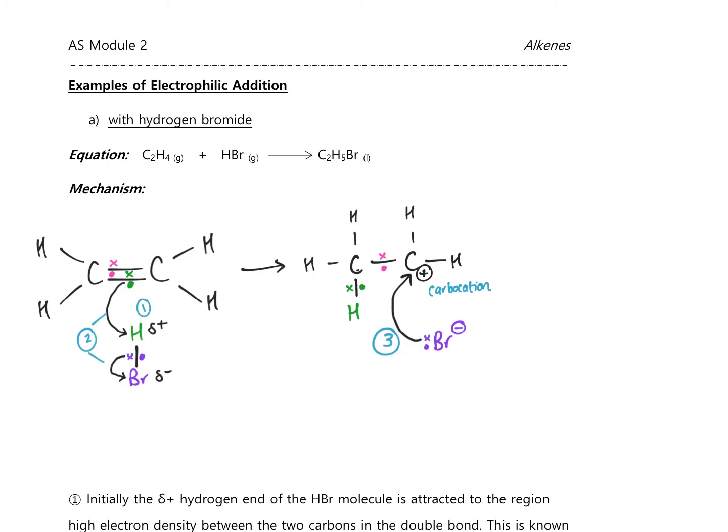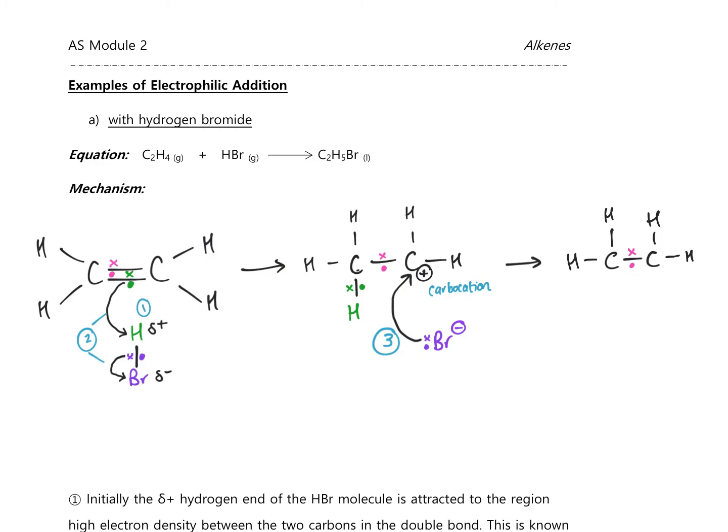So the last thing to do to complete the mechanism is to draw our final product. So we'll start with what we had in the previous step. So we had our carbon-carbon single bond, and that was our sigma bond, which we represented with our pink pair of electrons. And then we'll draw our hydrogens around that, which just came from the original ethene molecule.